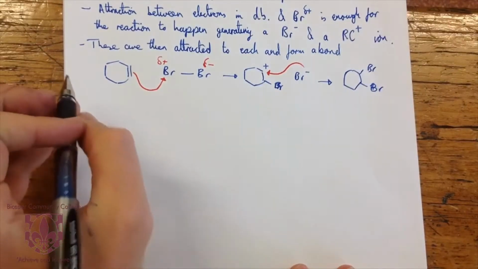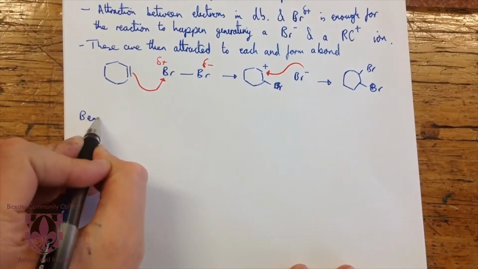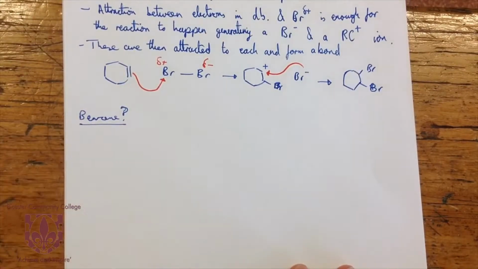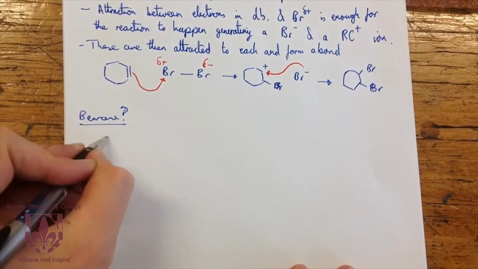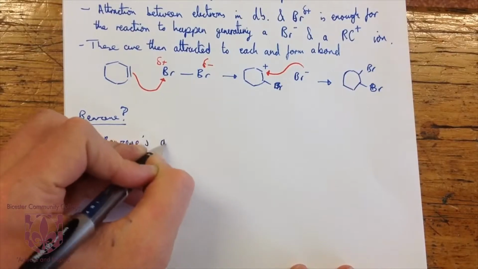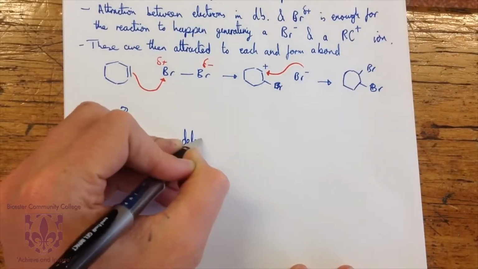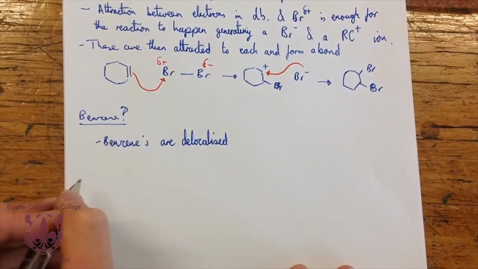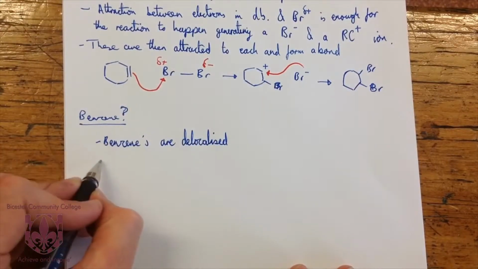Right, benzene. What about benzene? Okay, so we talked earlier that benzene doesn't necessarily do these reactions. Okay, so benzene electrons are delocalized. Okay, so that's what we talked about, those models and stuff.